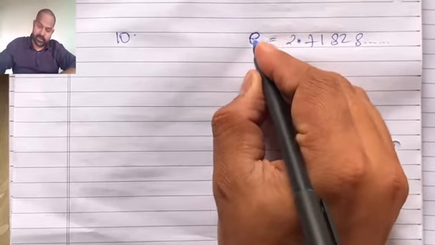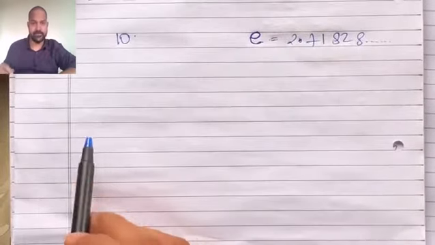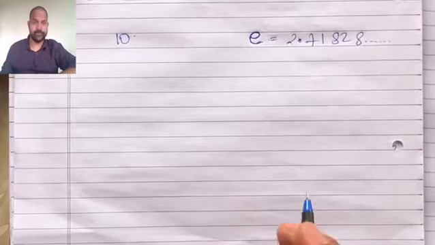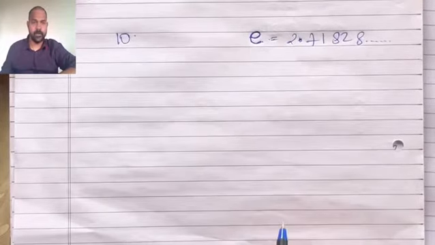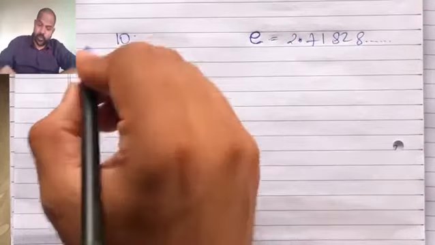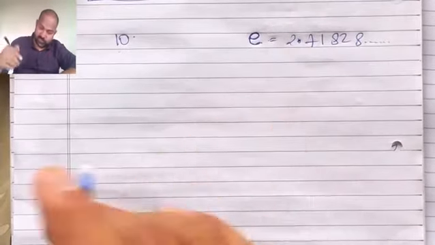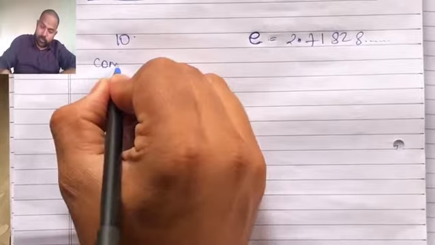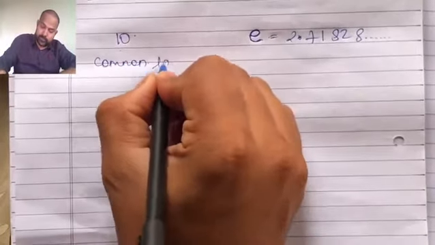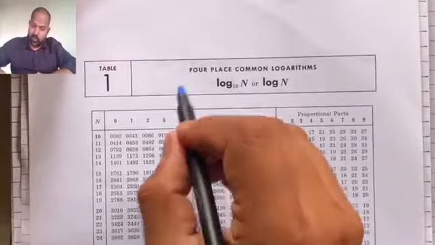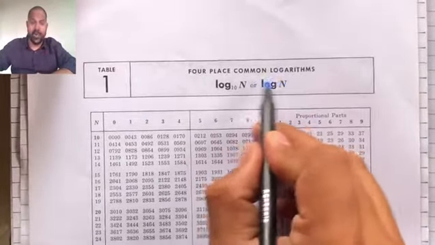Whenever logs are taken, they are taken to two bases. One is to the base 10 and the other is to the base e. Logs taken to the base 10 are the most commonly used logs, and that is why we call them common logs. If you look at the sheet that I had given you, doesn't the heading say 4-place common logarithm?